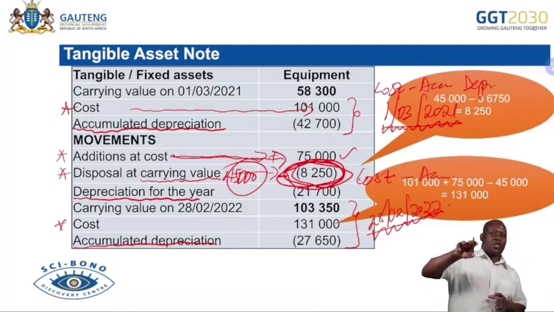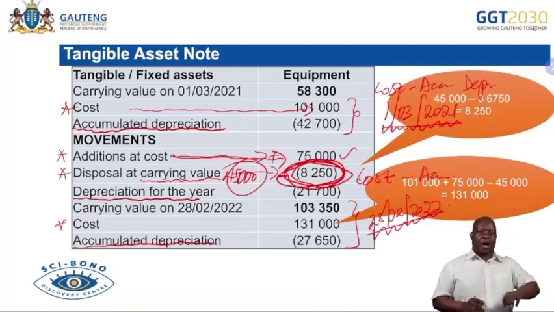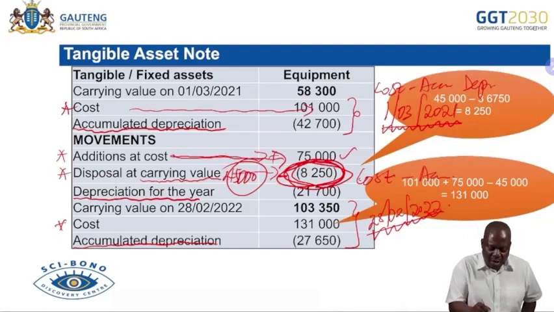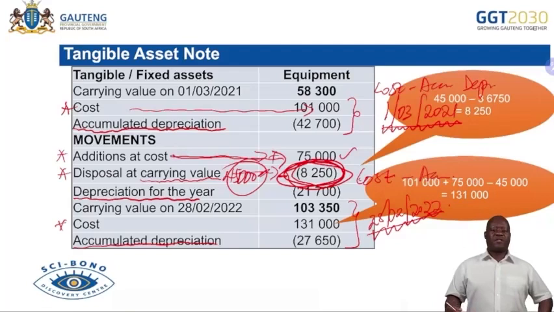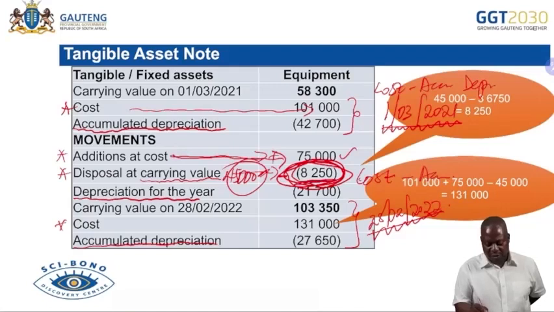Whatever you do to the cost, do it to accumulated depreciation. So it therefore means we are also going to subtract the accumulated depreciation of this asset that is being disposed. Remember how much it was? 36,750. So we are going to use 36,750, not the 8,200.